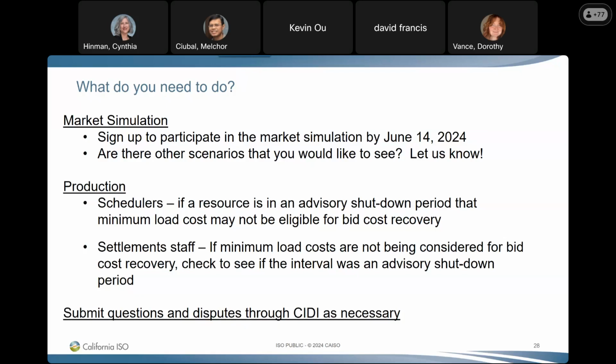Settlement staff, if you see minimum load costs are not being considered for bid cost recovery, one place to check now will be to see if that interval was an advisory shutdown period. Again, submit your questions and disputes through city as necessary.